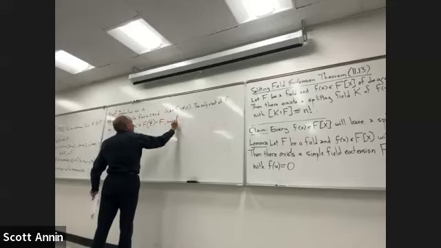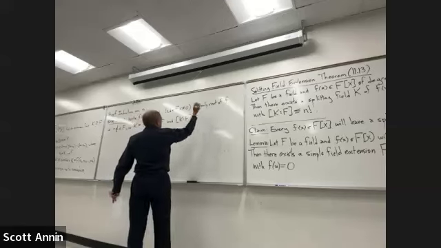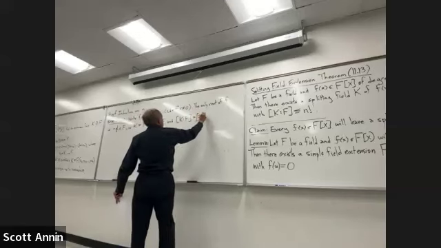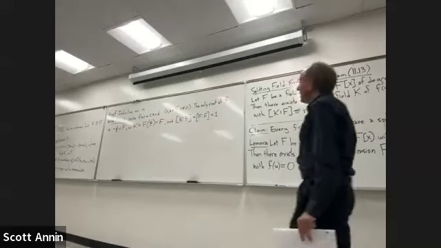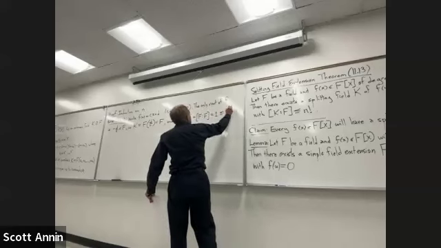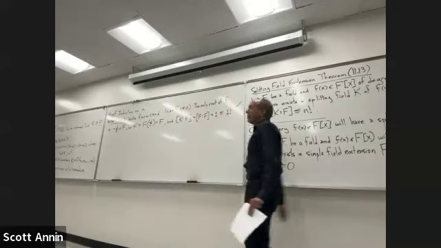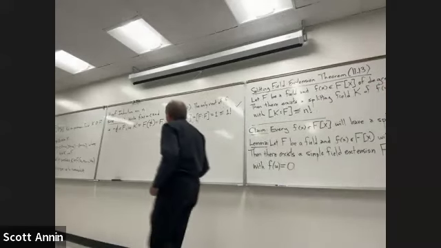And obviously the dimension of K over F is, since K is equal to F, we can literally plug in F where we see K, and that's just 1. And 1 is less than or equal to 1 factorial. So that's the base case right there.